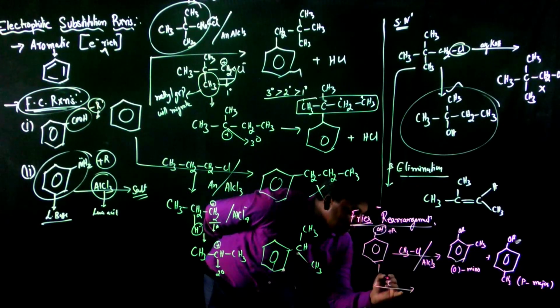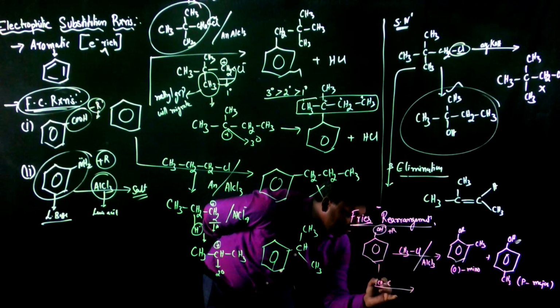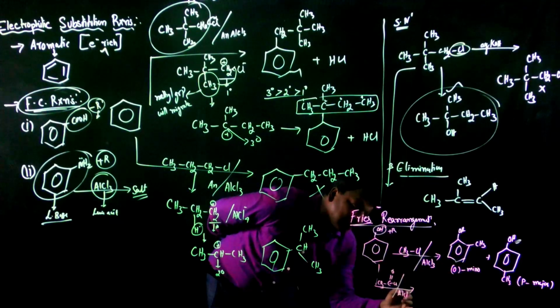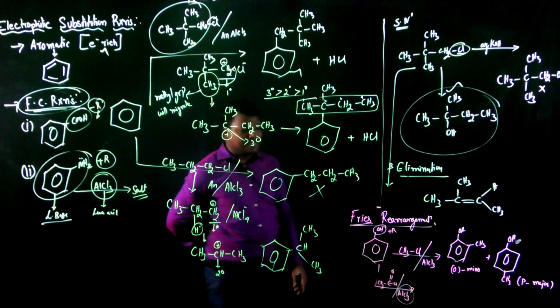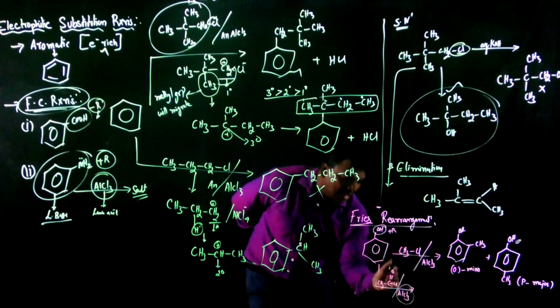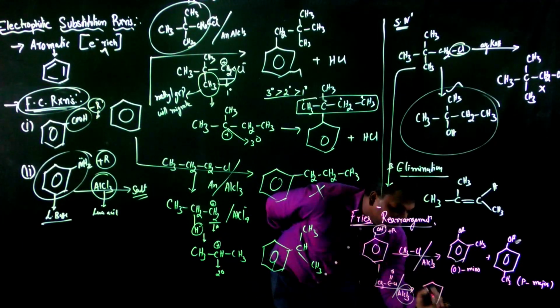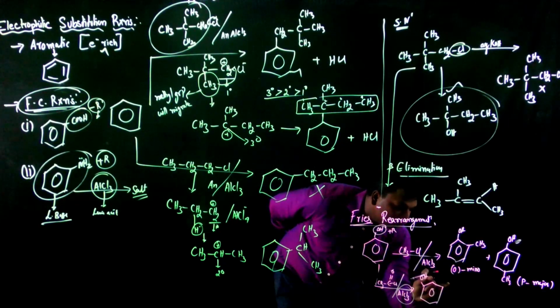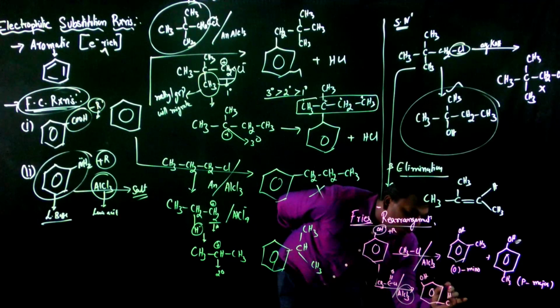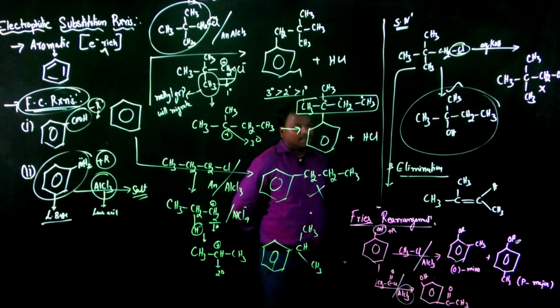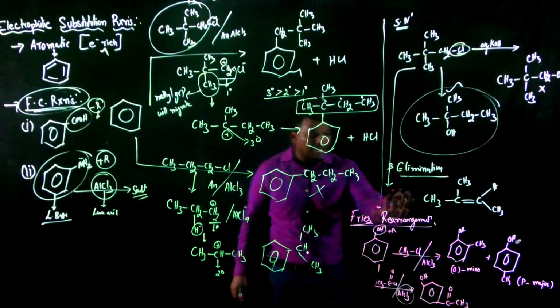Now treat with CH3C=OCl in presence of AlCl3. Already I told you the role of AlCl3: AlCl3 is a Lewis acid. It will take this anion and you will get an electrophile that will come and substitute in the para position, which is your major product, C=O CH3. You got it? Now this is the normal Friedel-Crafts reaction.